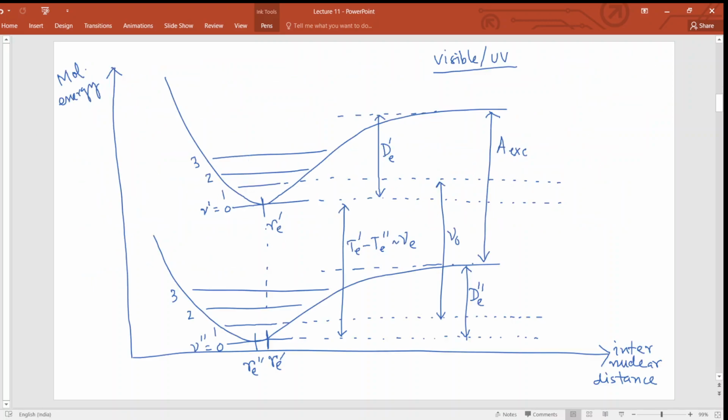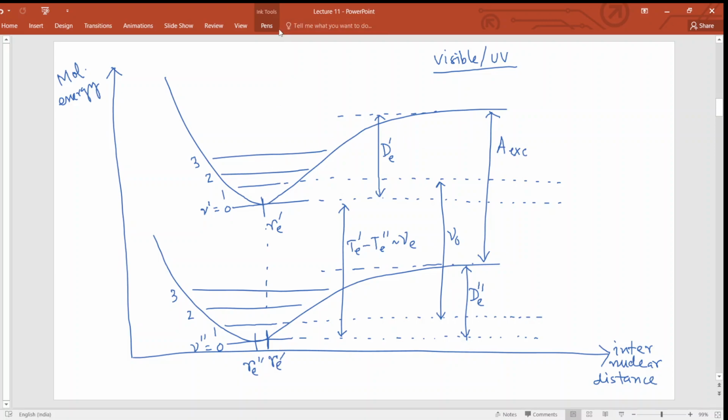Let us look at this diagram, then it will be a little more understandable. Here, this is the molecular energy diagram as a function of internuclear distance. We have two potential energy curves, and as you see the shape of these curves, you can get some familiarity with the description made in the last class.